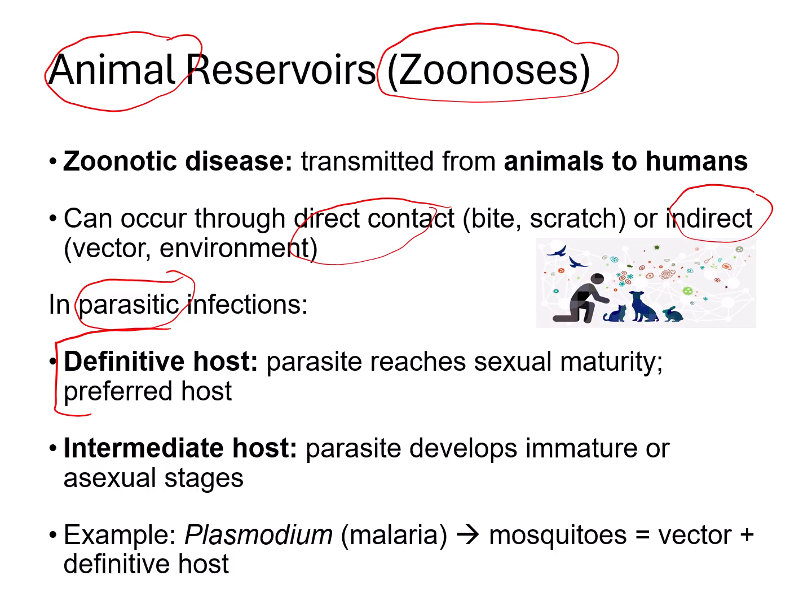This is where sexual reproduction occurs, and an intermediate host that carries immature or asexual stages of the parasite. For example, in Plasmodium, remember this is a protozoan that causes malaria, the female Anopheles mosquito is both the vector and the definitive host because Plasmodium reproduces sexually inside the mosquito.